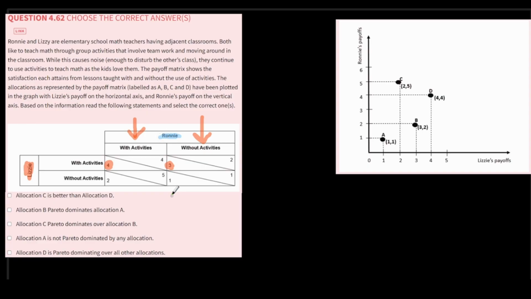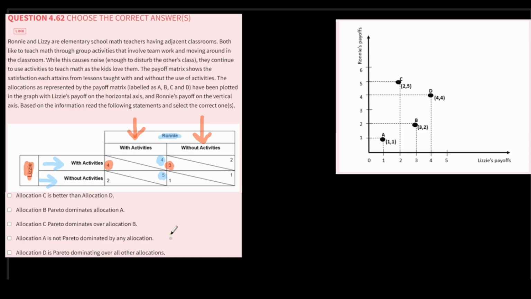What about Ronnie? What does Ronnie do? Well, let's start off by presuming that Lizzie fixes her strategy with her dominant strategy of activities. Ronnie can either get 4 or 2. 4 is the better one there. So we have a Nash equilibrium of activity, activity. What does Ronnie do if Lizzie goes no activities, though? Well, Ronnie can either get 5 or 1. 5 would be the better one there.